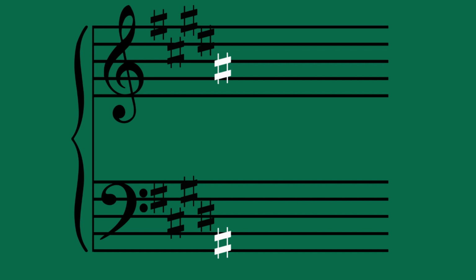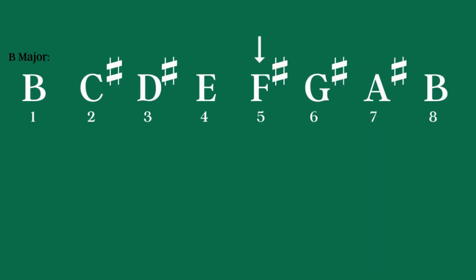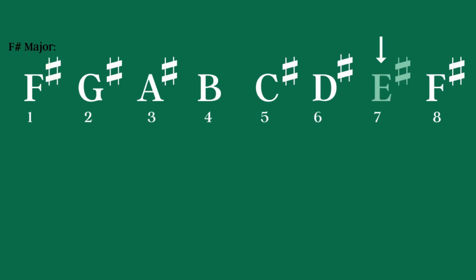The A sharp will sit on the 2nd space of the treble staff and the 1st space of the bass staff. A 5th above B is F sharp, so F sharp major has 6 sharps: F sharp, C sharp, G sharp, D sharp, A sharp, and E sharp. E sharp is placed on the last space of the treble staff and the second to last space on the bass staff.